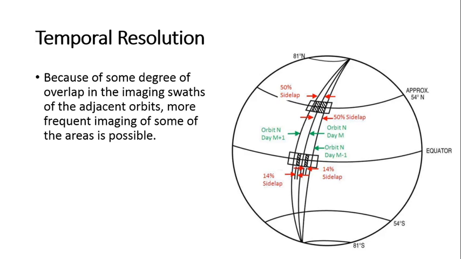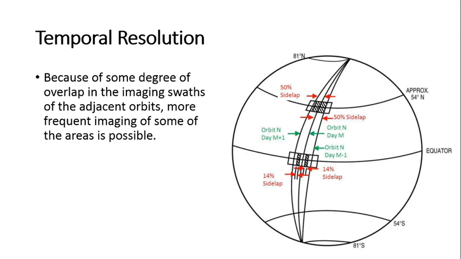When it reaches the polar region, it comes very near. This is just a schematic representation for understanding that, due to the structure of the Earth's surface, this type of side lap and overlap and frequent imaging is possible, and it is different for different areas.